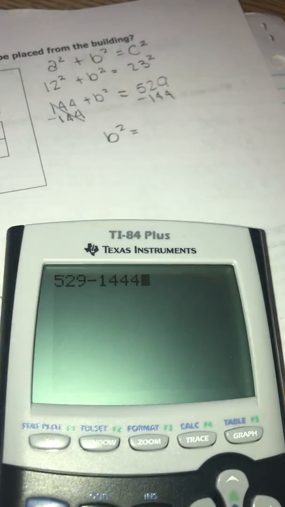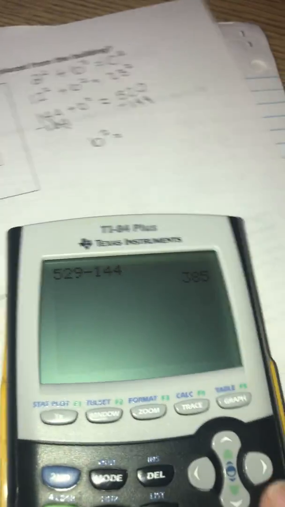Okay, so to get b by itself, we're going to have to subtract 144 from both sides. So b squared equals 529 minus 144, which equals 385. Now we're going to have to find the square root of both sides.